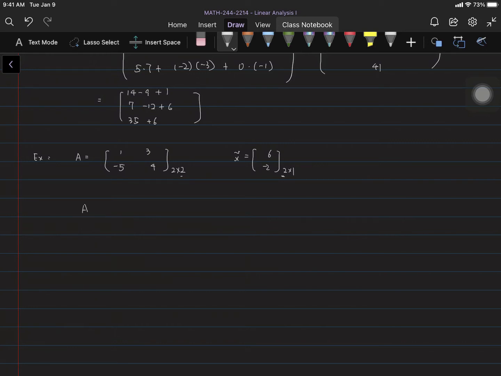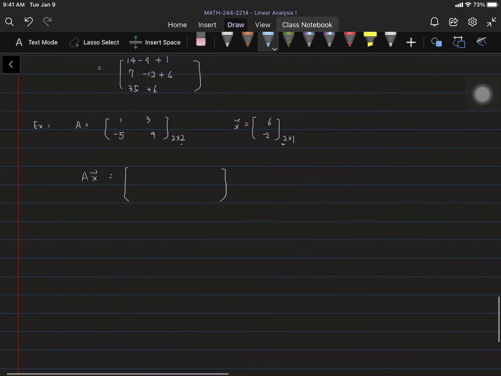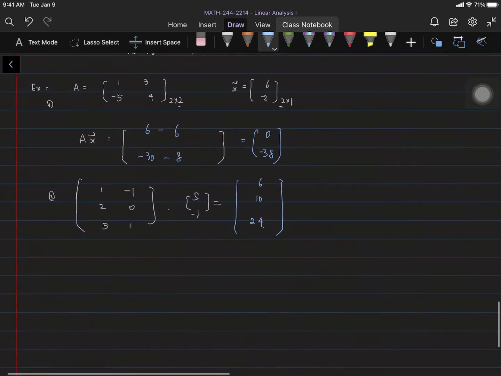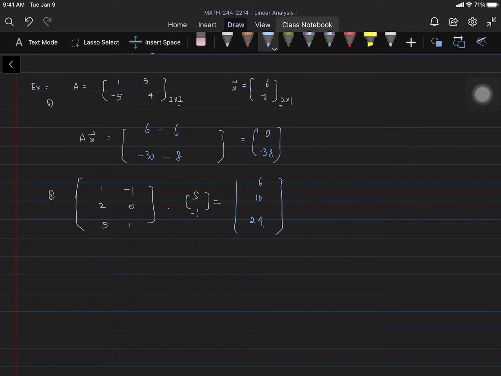Let's see, AX equals to, please try this by yourself. So here I'm going to give you another one. So here are the two solutions to the exercise problems, and you can check which answer.